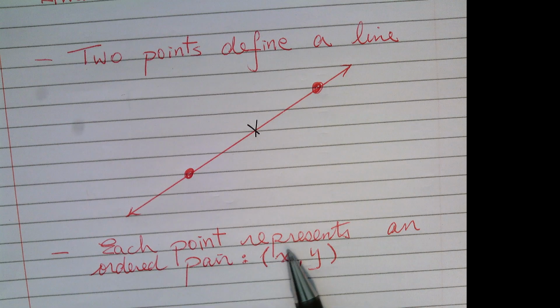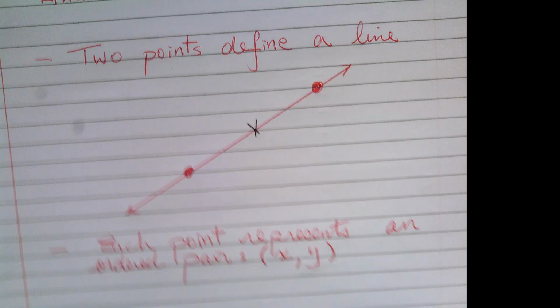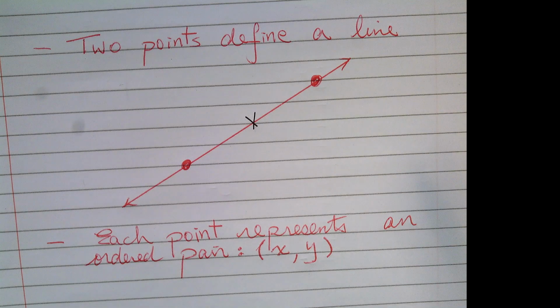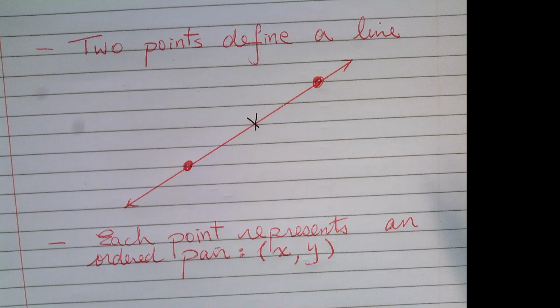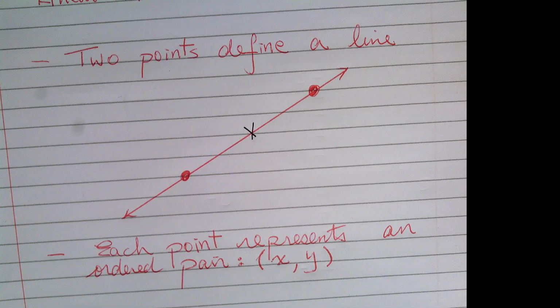Each point is represented by a pair of numbers. Order means it must be in the order of x and y. Later I'm going to show you how to find the values of x and y. So remember, we need points to define a line.